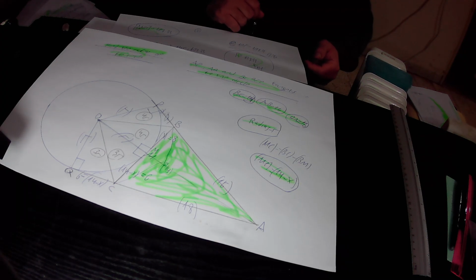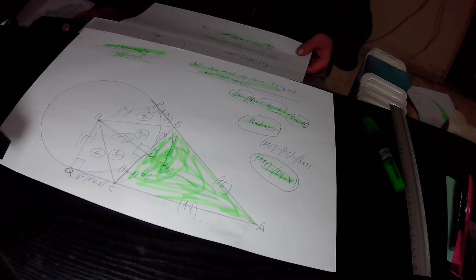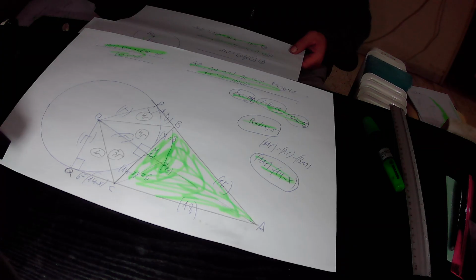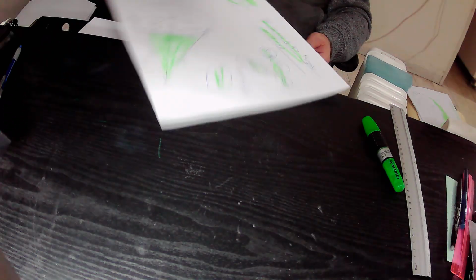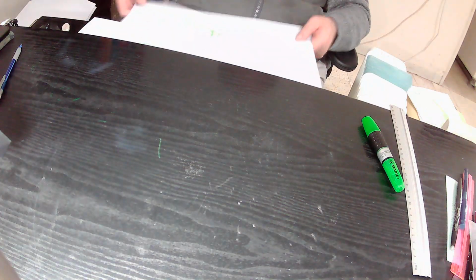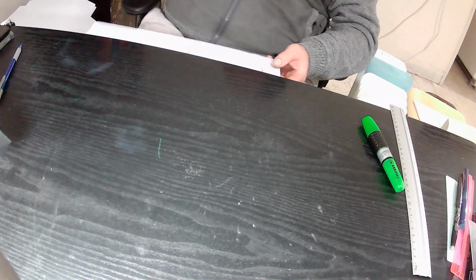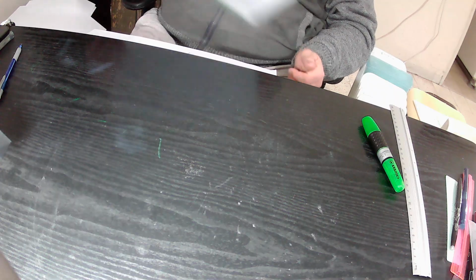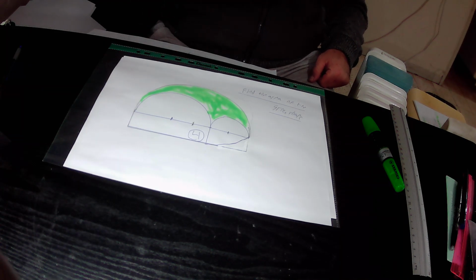In the next step, we recap the solution of the second question. In the second question, our task is to find the area of this green shape.